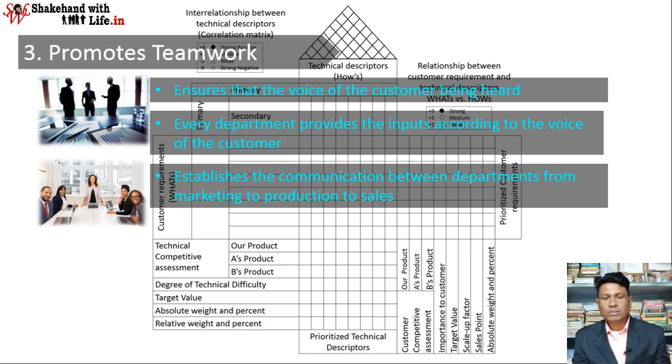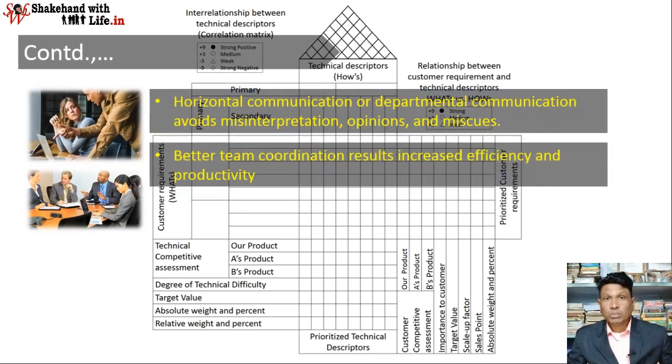And accordingly, every department has to provide the input according to the voice of the customer. And this establishes the horizontal communication, or you can say the departmental communication. And horizontal communication avoids the misinterpretation about the customer requirements, opinions, and miscues.